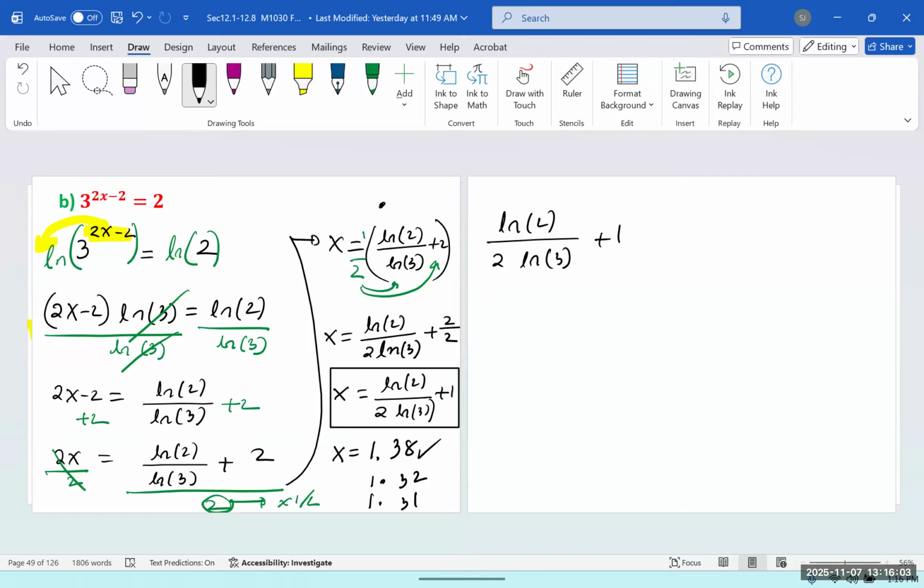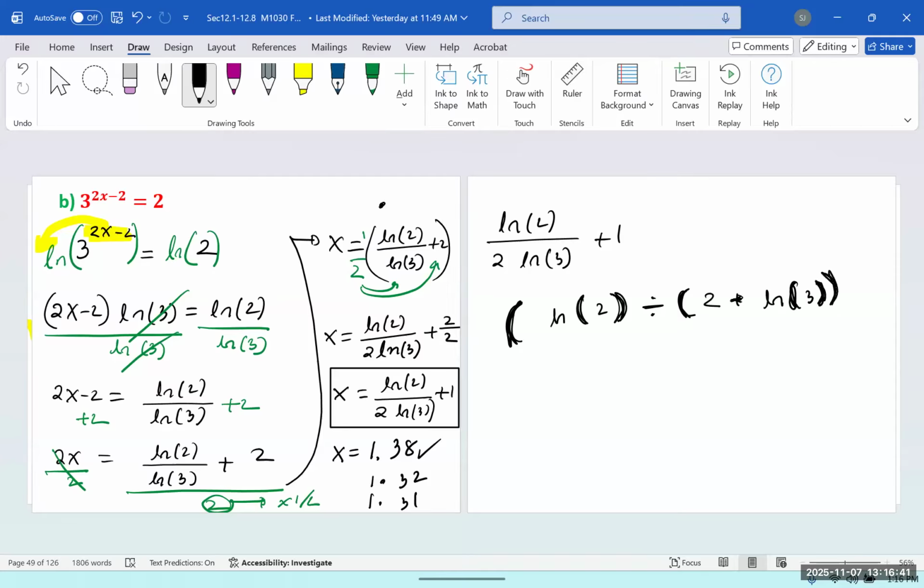So we had different answers, but they're close to one another, which is a good thing. In my other class, we had totally different answers. That's because you need to be very careful about your parentheses. So when you insert, depending on your calculator, you have to put parentheses first: ln parentheses 2, close your parentheses, divide, and then another parentheses, because you have 2 times ln parentheses 3 in the denominator.